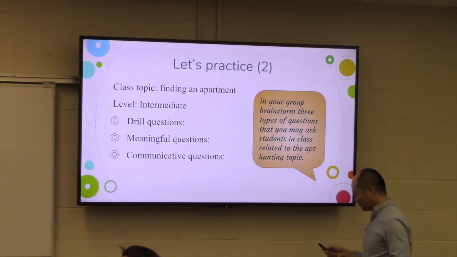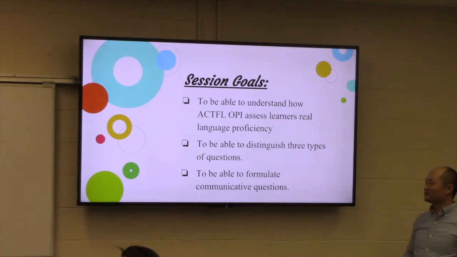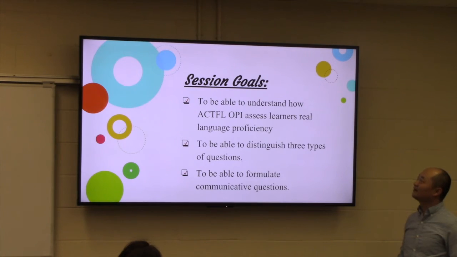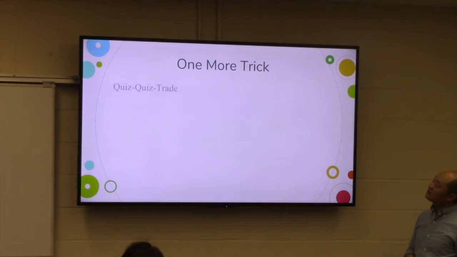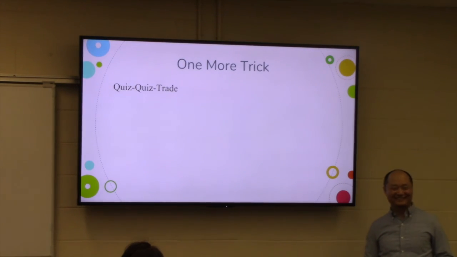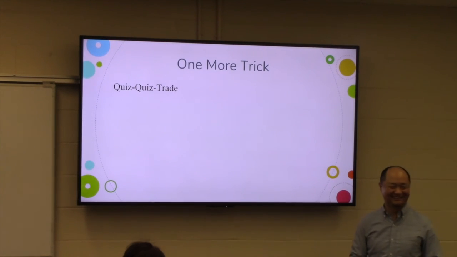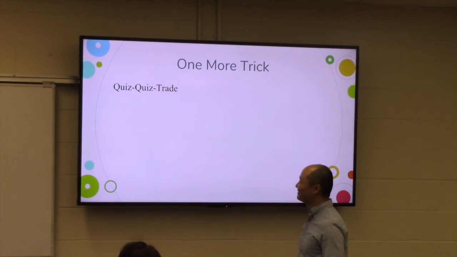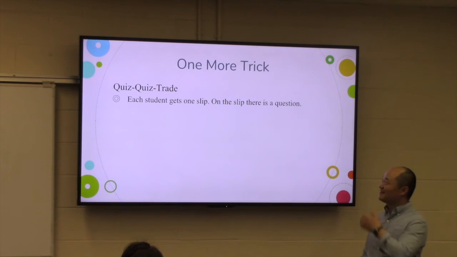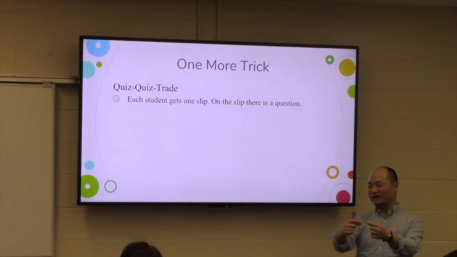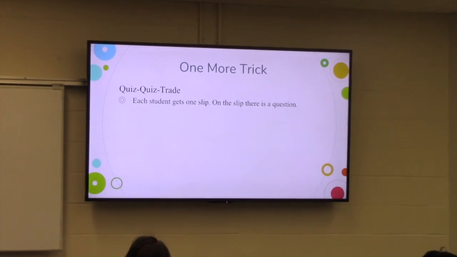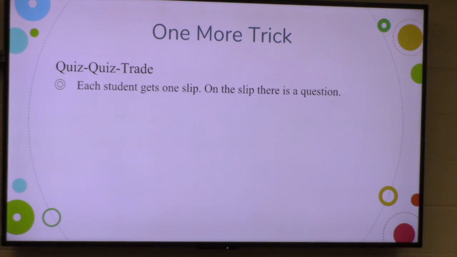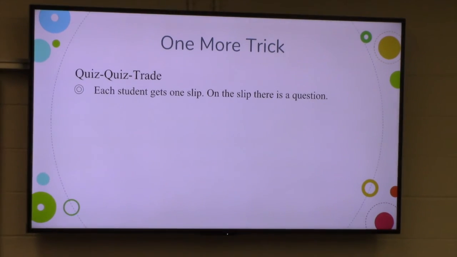To do that, I have another trick to share. It's called the quiz trick, and it's very easy to do. Usually I give each student 1 slip. I have those prompts here. I can show you, although it's in Chinese, but you get it.